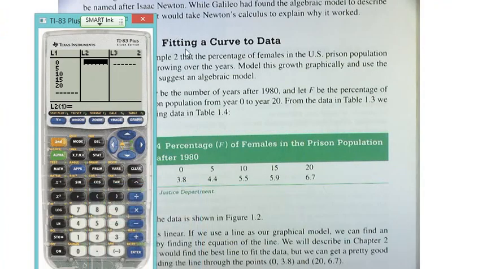All right, here we go. 3.8, 4.4. So what we're saying is that the female population increases over time. So therefore the female population percentage is dependent upon time. And so if the female population percentage is dependent upon time, then time is the independent variable.